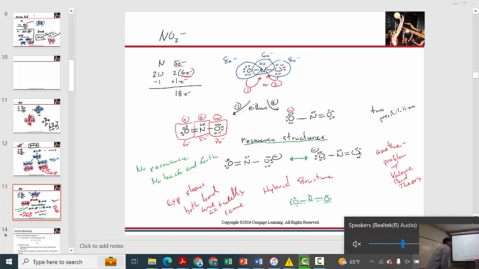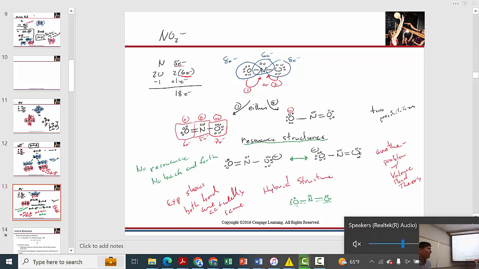It looks something like this, where we don't have a double and a single. What we have is a 1.5 bond. So they're 1.5 bonds rather than a single and a double. 2 1.5 bonds is equivalent to that.